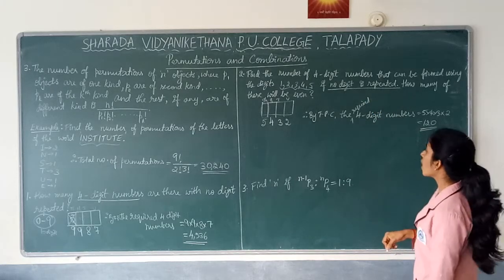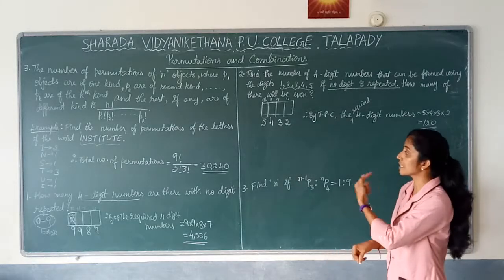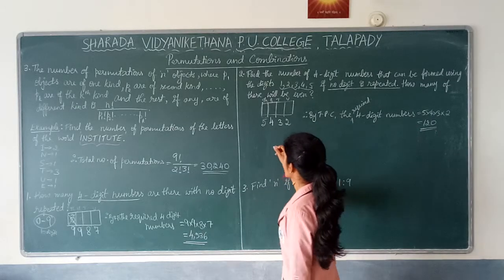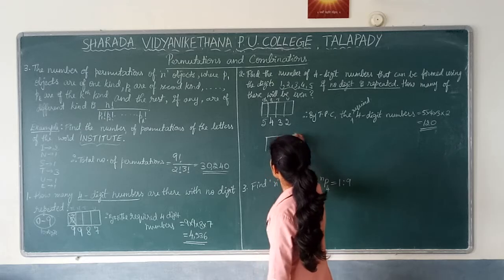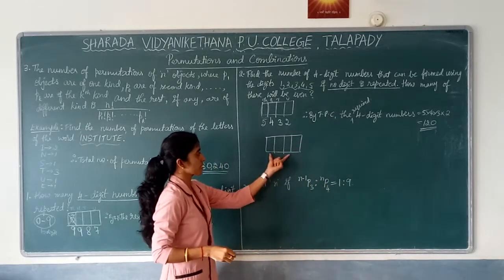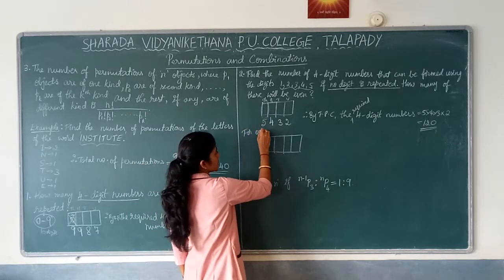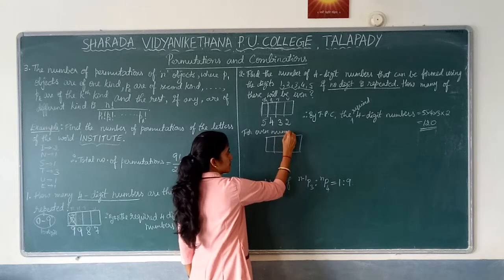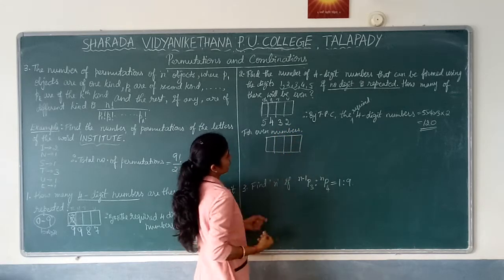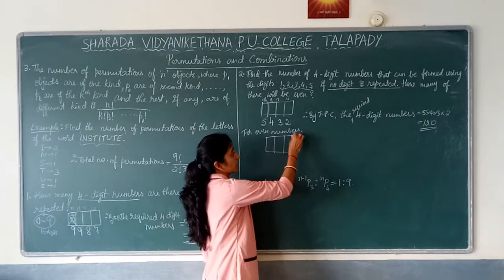Now see the second part. How many of these will be even? Among these numbers, how many are even we have to find. So for even numbers, what do we have to do? See, a 4-digit number is required, but the number should be even, right? Look at this. For a 4-digit number to be even, which place is considered?